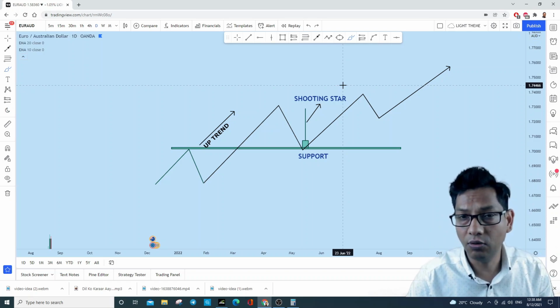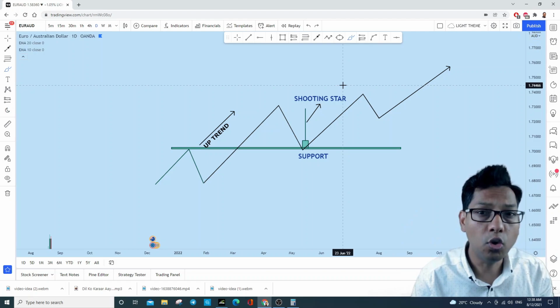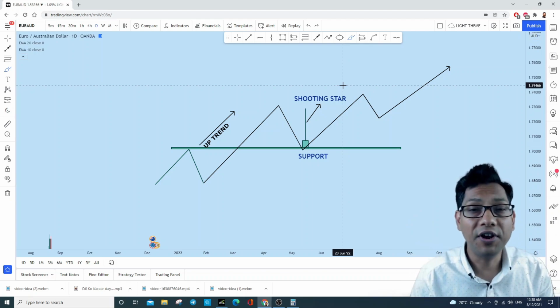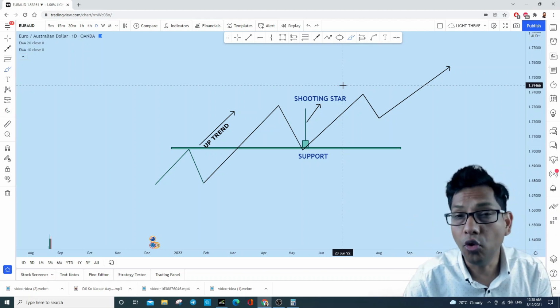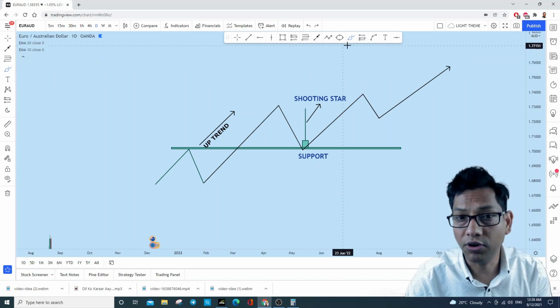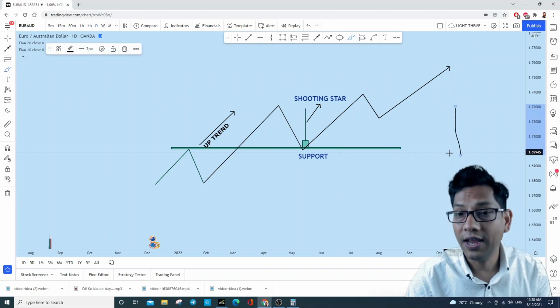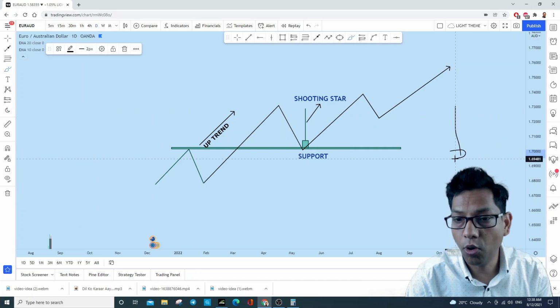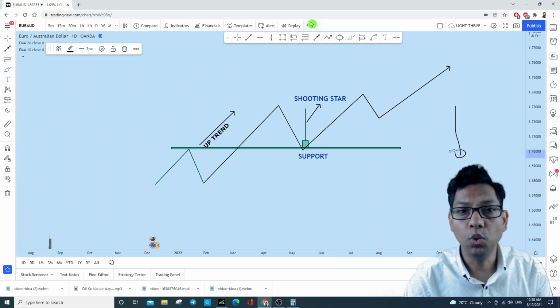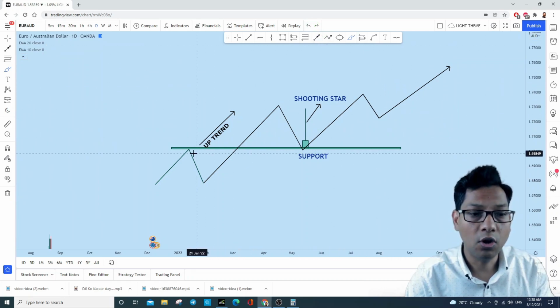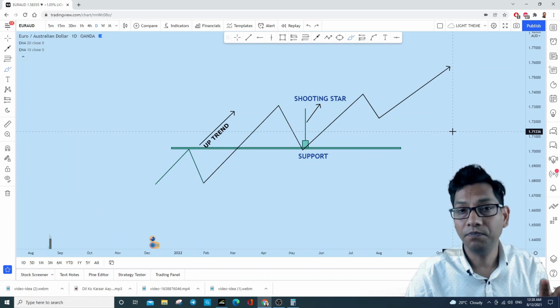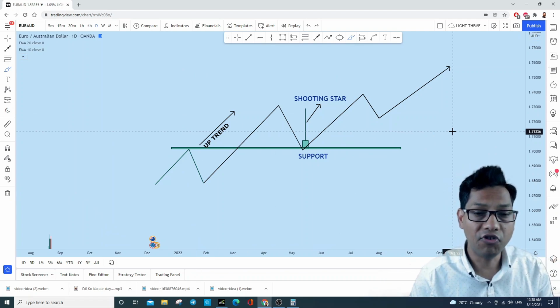Note down, write down, on a swing low of an uptrending market, you have to look for a shooting star that we already discussed, that long wick at the top and narrow body at the bottom. So when you see a shooting star on a level of support, that is where you will be trading.